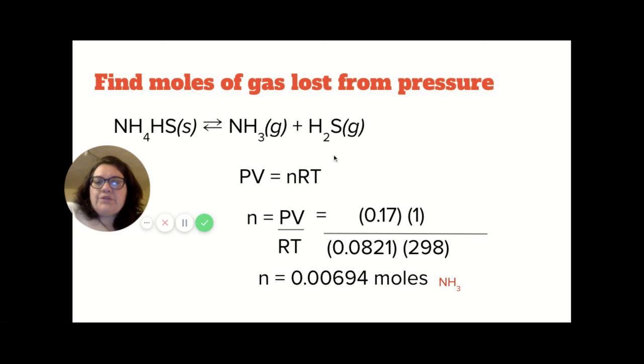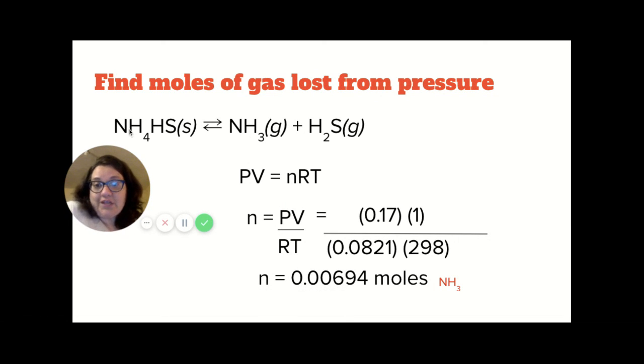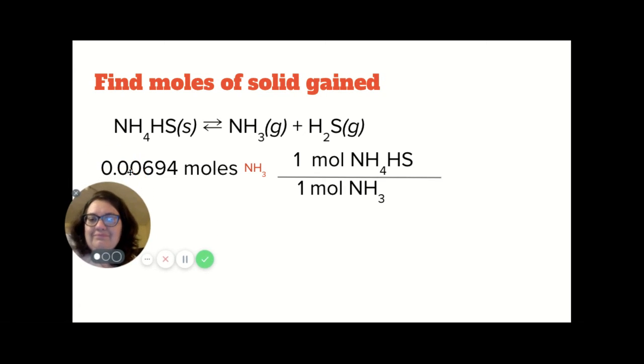Do you know how to do the stoichiometry of going from moles? If this many moles of NH3 were used, how many moles of NH4HS were produced? Yes, you can totally do that. So it's just a 1-to-1 ratio, but I'm going to write it out. Because for every 1 mole of NH3, there's 1 mole of NH4HS.